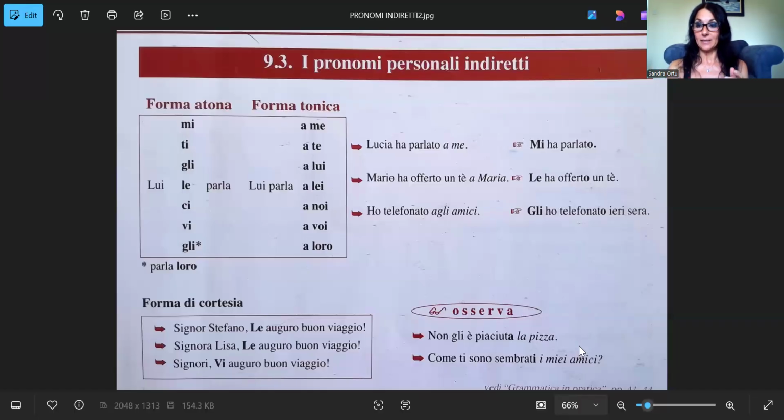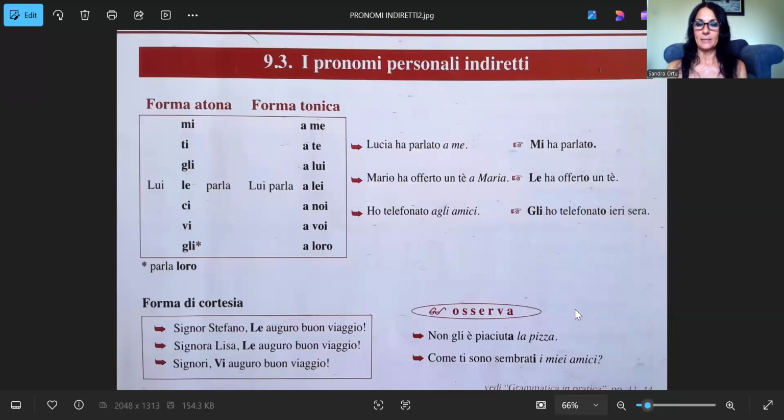And that's why sometimes it's a little bit difficult or complicated to use the verb piacere, to like, because you are using indirect object pronouns. So pizza can be pleasing to me, to you, to him, to her, to us, to you, plural, and to them.